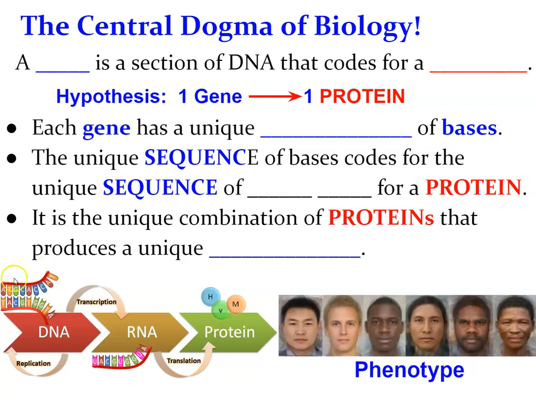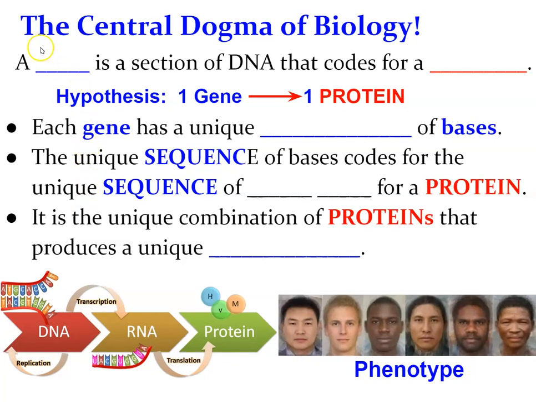All right, so everything from gene to protein, the whole process of going from gene transcribed to RNA, translated into protein, and then the proteins produce the phenotype. The proteins run the show. All that is referred to as the central dogma of biology, and it's the essence of life. It's the way that every living thing works.